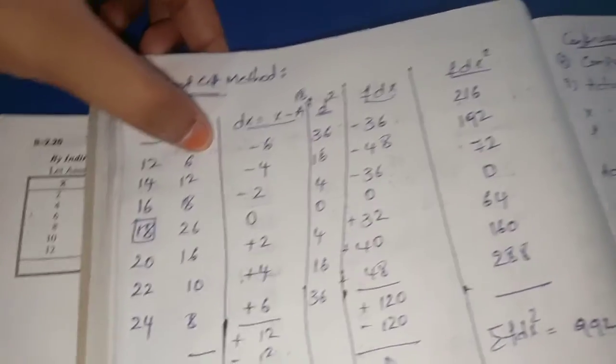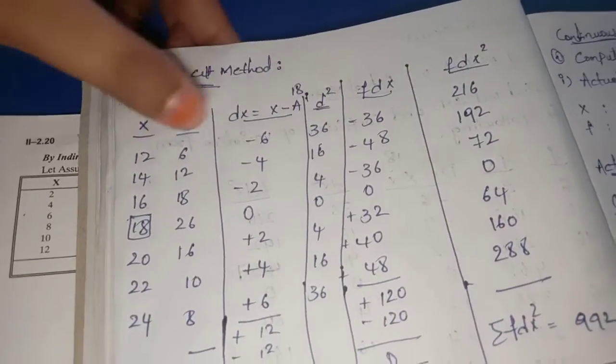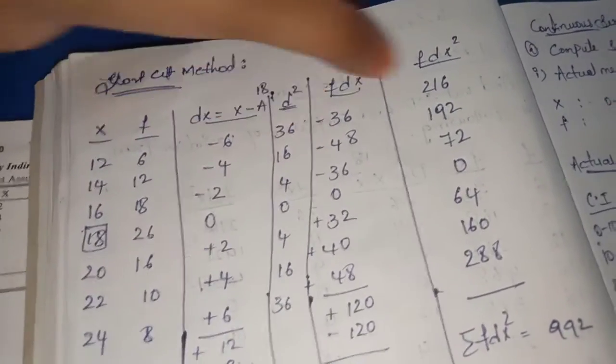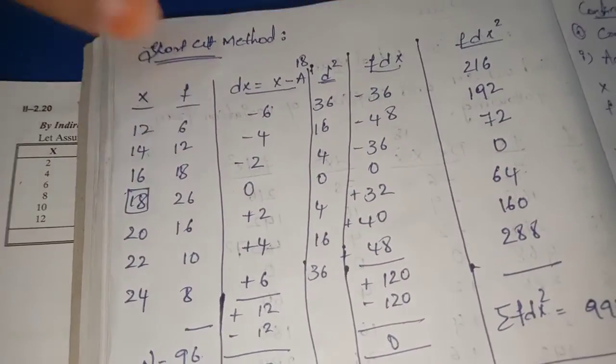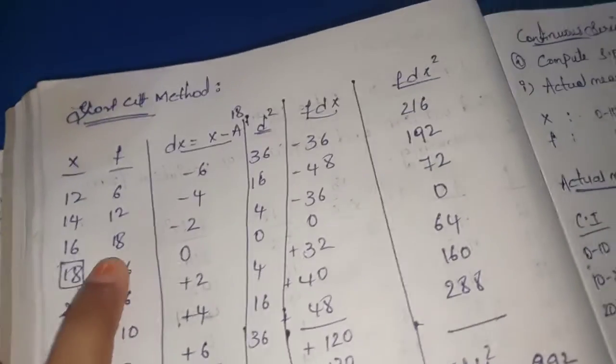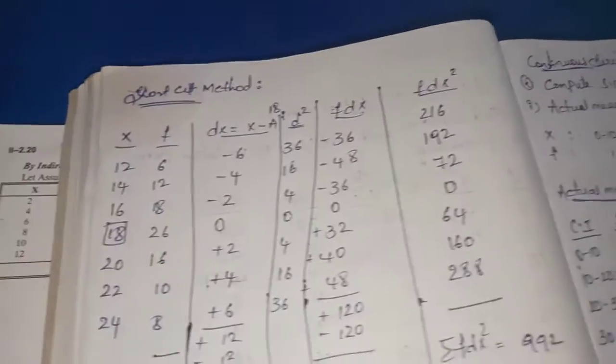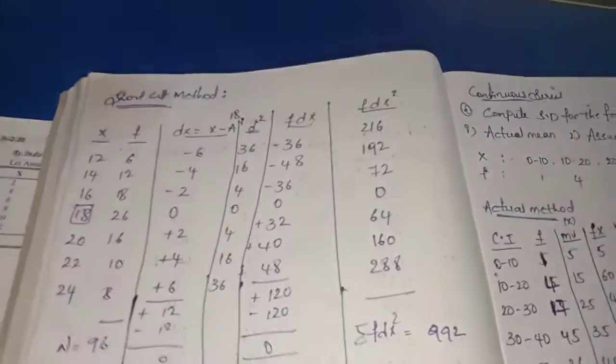So frequency into dx square you will get f dx square. Frequency is 6 and dx square is 36. 6 into 36 you will get 216. Next, 12 into 16 you will get 192, as well as 18 into 4 you will get 72. Like that you have to calculate this, and the total of f dx square is 992.